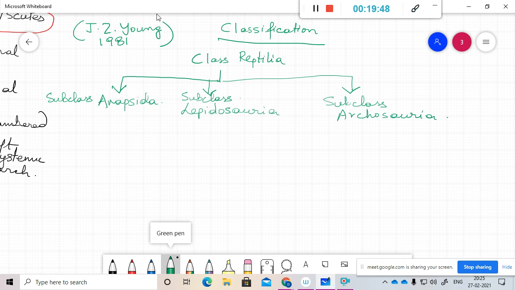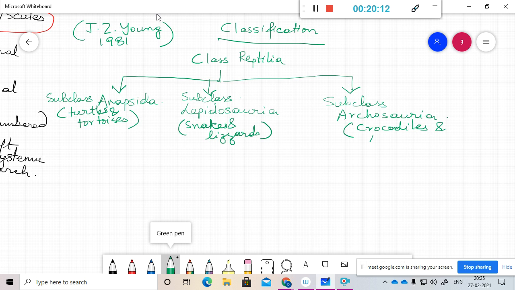Briefly, these are the turtles and tortoises, these are the snakes and lizards, and these are the crocodiles and alligators. So subclass Arcosauria has got only one living order left.